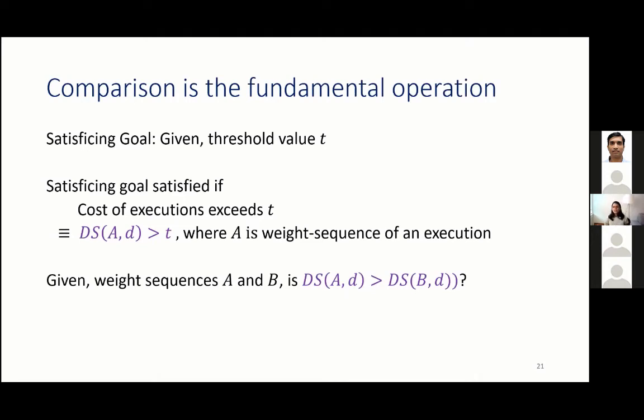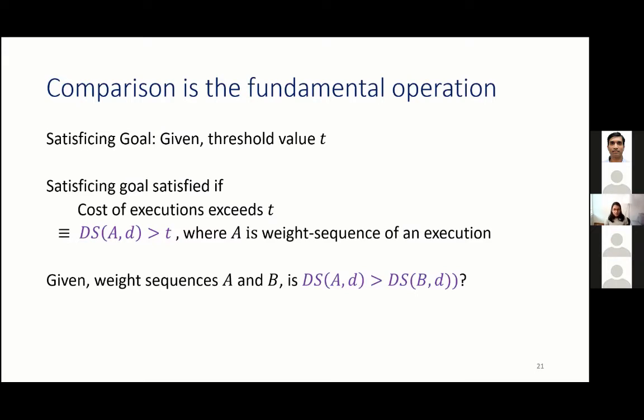Now, why do we care about automata? And here is why. Well, I claim that comparison is the fundamental operation in quantitative reasoning. For example, in the satisficing goal, all we require is that the cost of an execution should exceed a fixed value. So all I'm really asking is, given a weight sequence, is the cost of that weight sequence greater than a fixed value?